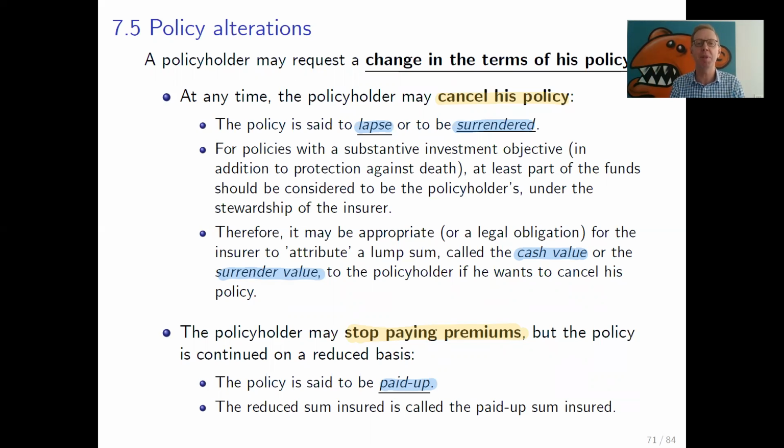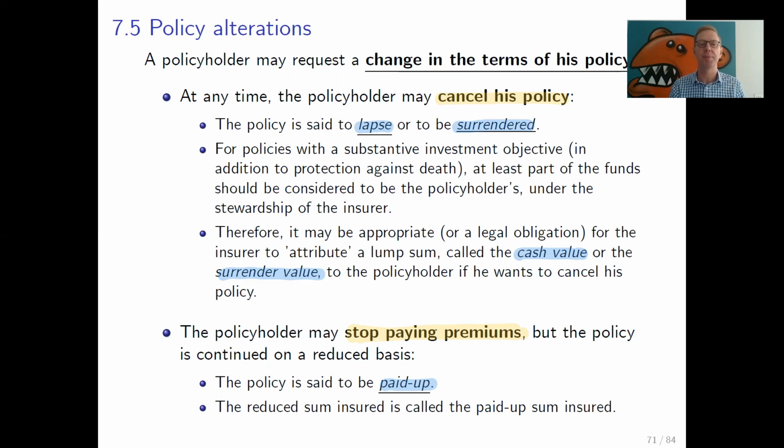So it might happen that a policyholder wants to change the terms of his policy. He wants to stop the policy, or he wants to stop paying premiums, or he wants to increase his benefits, whatever. We will see now how an insurer will be able to satisfy that request of the policyholder and how that is done.